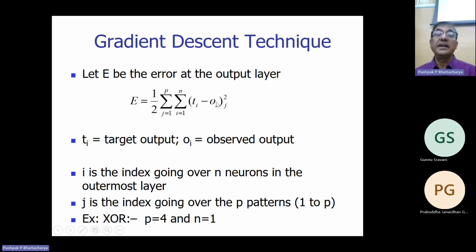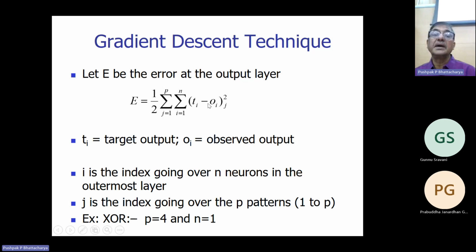Given an input, I observe the output from the feedforward network and compare it with the target value, Ti minus Oi. So that the errors don't cancel each other, we take their square. You might say, why not take the mod? Mod will not work because we need derivatives, and mod is not a continuous function.